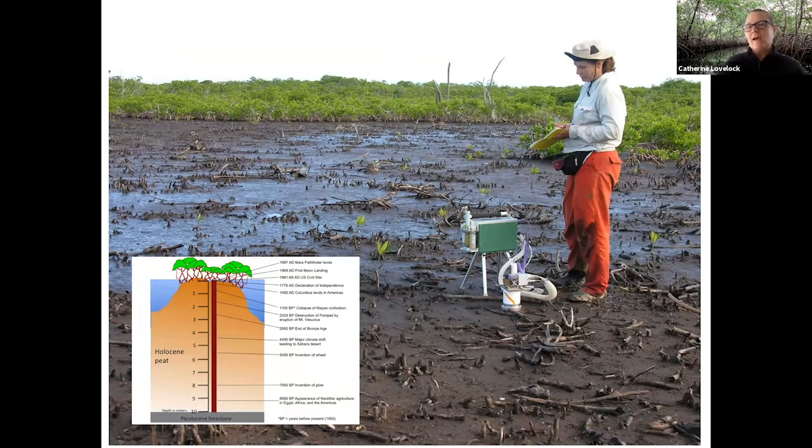This is a site in Belize that I worked at some time ago, and this is the top of a 10-metre pile of organic carbon that's mainly comprised of red mangrove roots. These are really great examples of the fact that these ecosystems really do accumulate carbon, and on a per hectare basis they accumulate much more carbon than many other ecosystems on the planet.